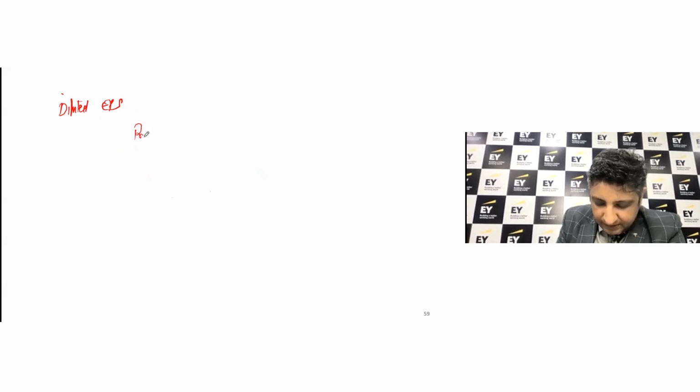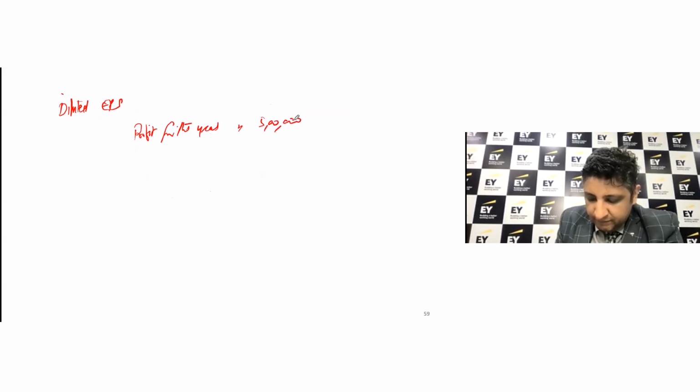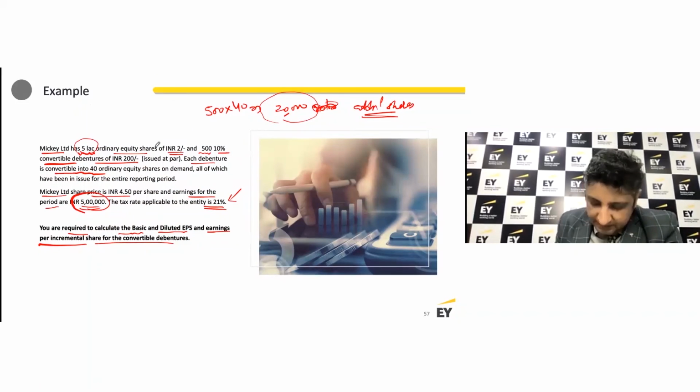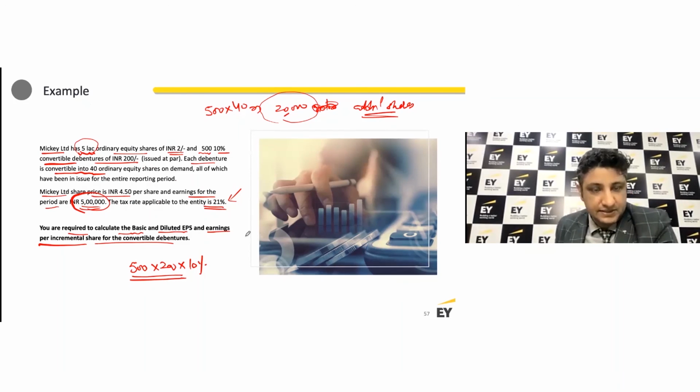Okay. And the moment we refer to the diluted EPS, we are saying profit for the year, which is of course 5 lakh rupees. Okay. And then we are looking at, of course, the saving of interest. Now we have 500 debentures of 200 each, on which you are paying a 10% interest, right?